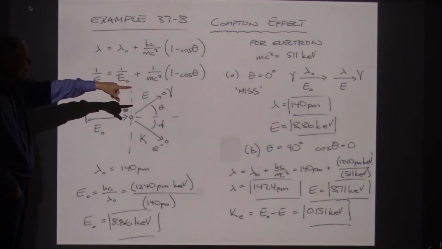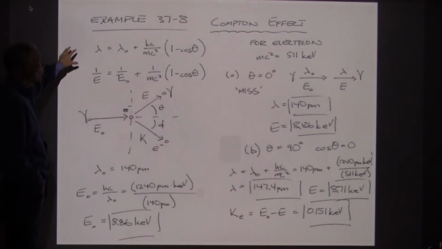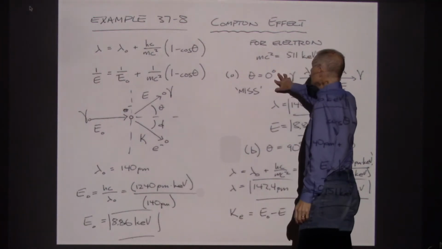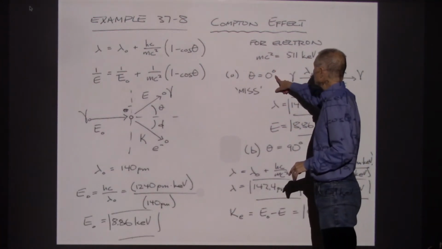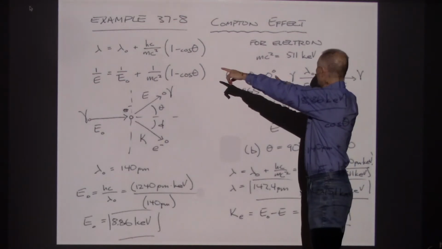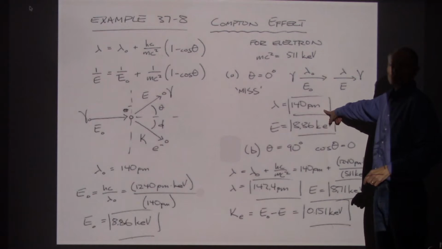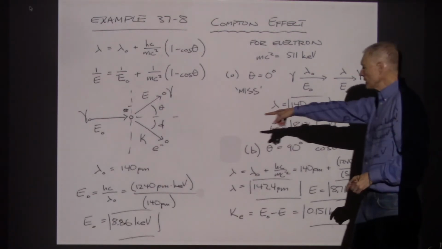Now I could work in terms of wavelength or energy. They've given us information in terms of wavelength, so I'm going to go ahead and use the wavelength formula, and I'm just plugging numbers in here. If I put in 0 degrees, I'm saying the photon did not scatter at all. It continues in the forward direction. If I solve for the wavelength coming out, I find the wavelength is unaffected. Now I'm using picometers instead of nanometers.